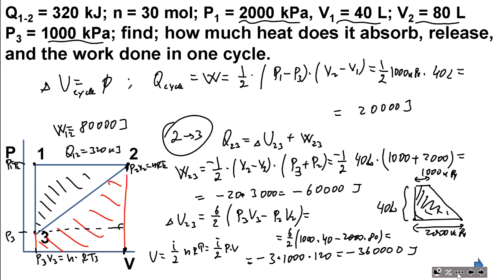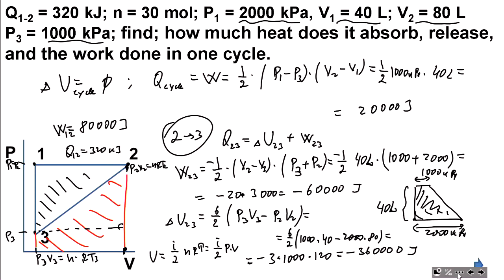Well, the easiest way now, for example, in this particular problem, we can follow all the steps for the third process, but we know that if we add Q1, Q2, and Q3, we should get the total amount, which is known.